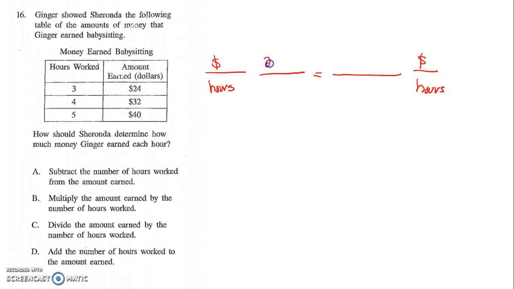So you have $24 earned if you work 3 hours. So that fact goes on one side of your proportion. And they care about how much you earn each hour. Each hour would be money for just 1 hour of work.